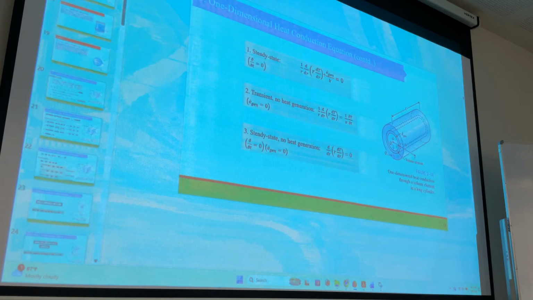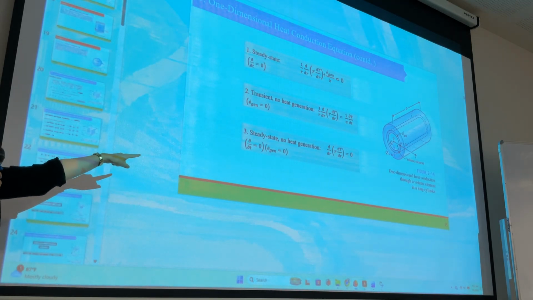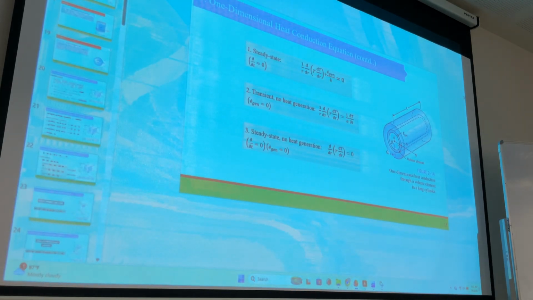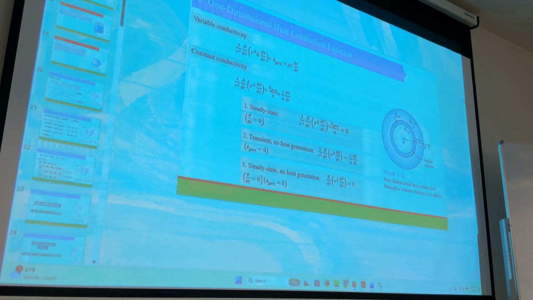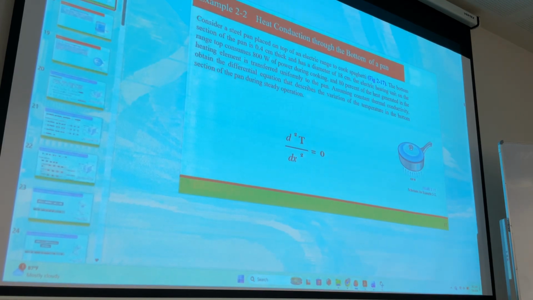Why are we not using this third one, which is for cylinder, or this for sphere? Why are we using a plane wall for a pan?